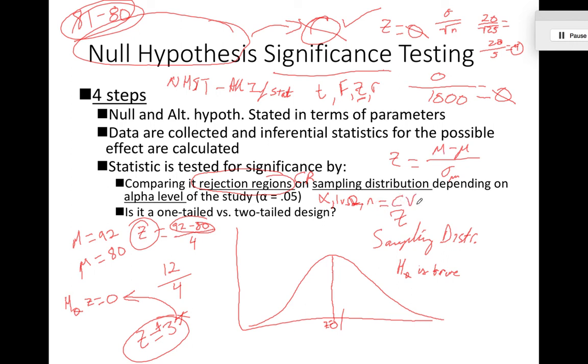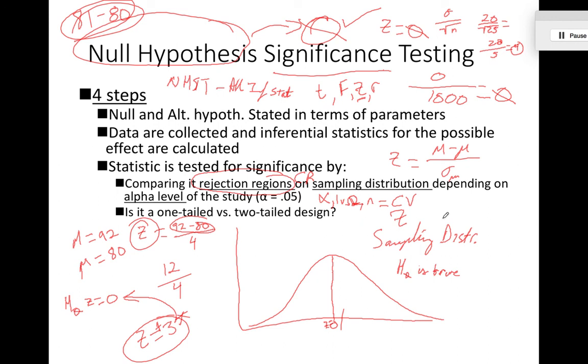The critical value is defined as the following. The value that indicates the start of the region of rejection. So the critical value indicates for us the start of the region of rejection.